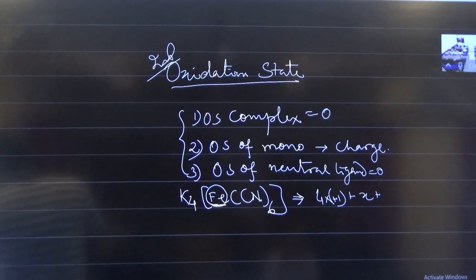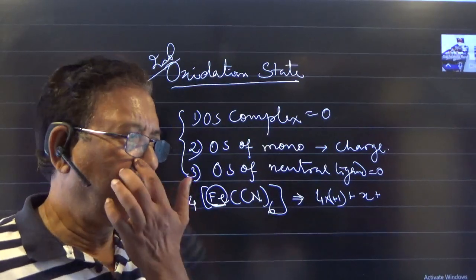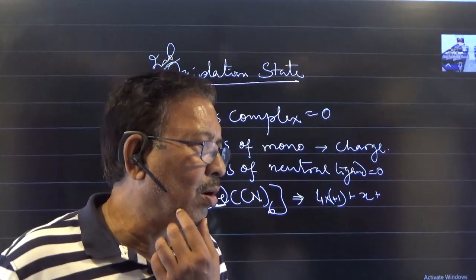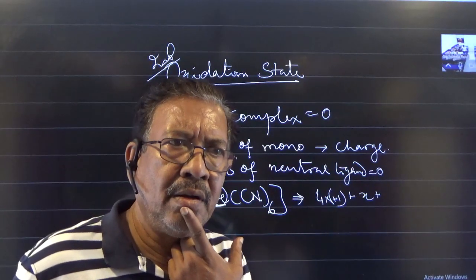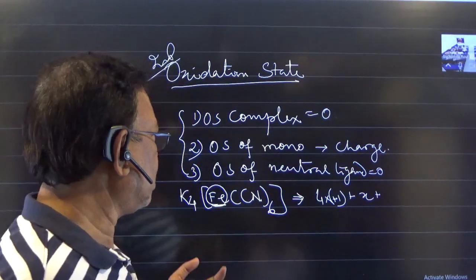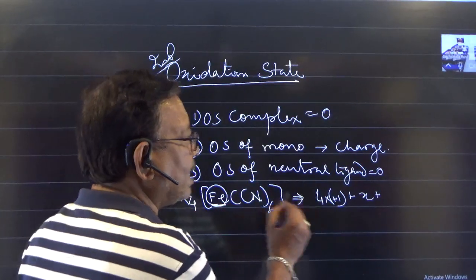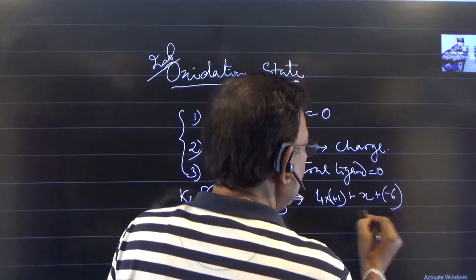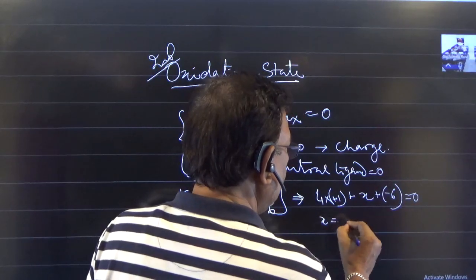Not 6 into +1; what is the charge of cyanide? It is -1, so 6 into -1, that is -6. The total is equal to 0, hence x is equal to +2.